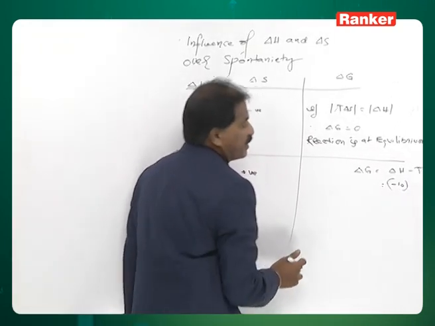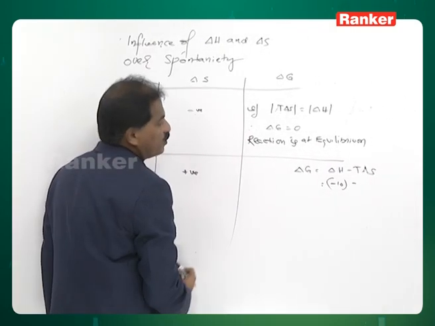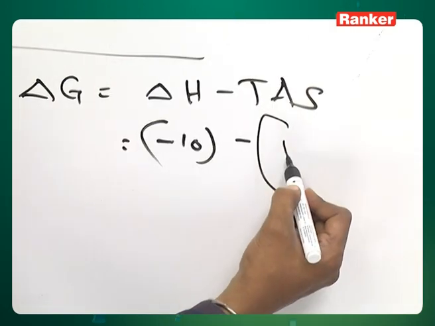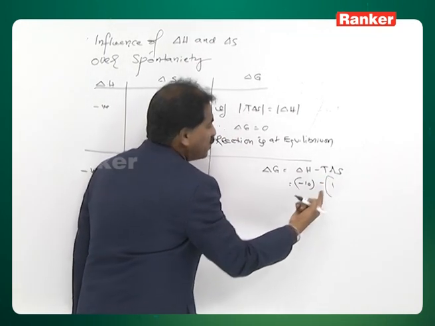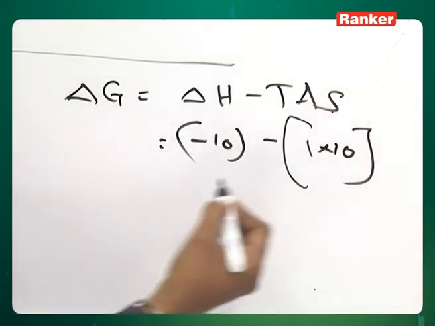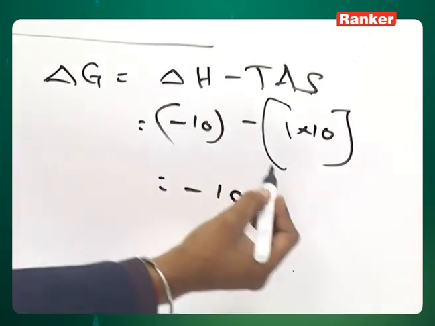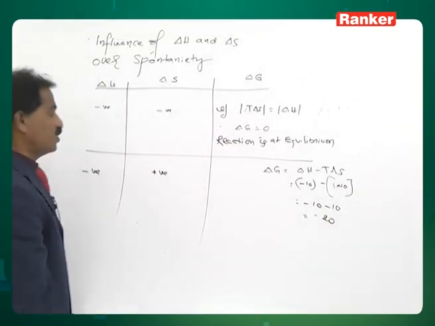Next, the entropy change is positive, the temperature is 1, and the magnitude of the entropy change is equal to the enthalpy change, let us say 10. This is minus 10, this again becomes minus 10. So, therefore, the total value becomes minus 20.